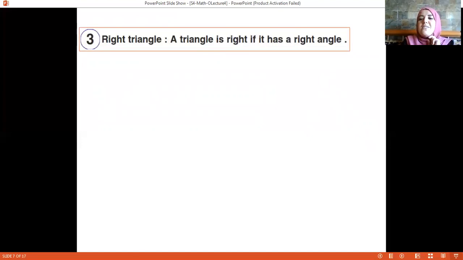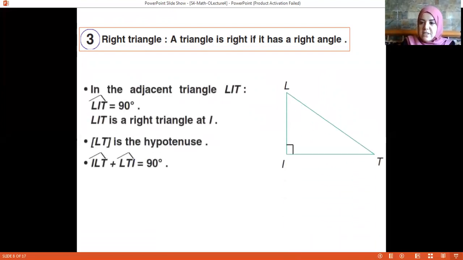The third triangle, which is the easiest one because you already know it, is the right triangle. A triangle is said to be right if it has at least a right angle. If you can see LIT in the adjacent figure, we say that angle LIT equals 90, then LIT is a right triangle at I. Keep in mind, when I say LIT right at I, I is the right angle.